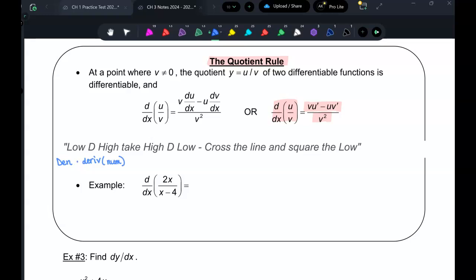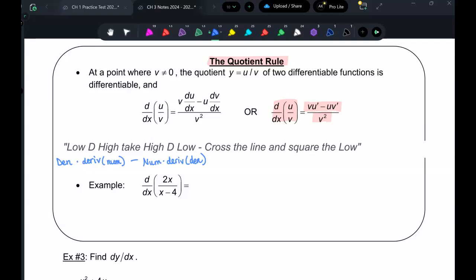Low means the denominator times D high, the derivative of the numerator. Take means minus high D low. So now I'm taking the numerator times the derivative of the denominator. Sure, that's what I said. Go for it, but I promise you, you're gonna get used to it.